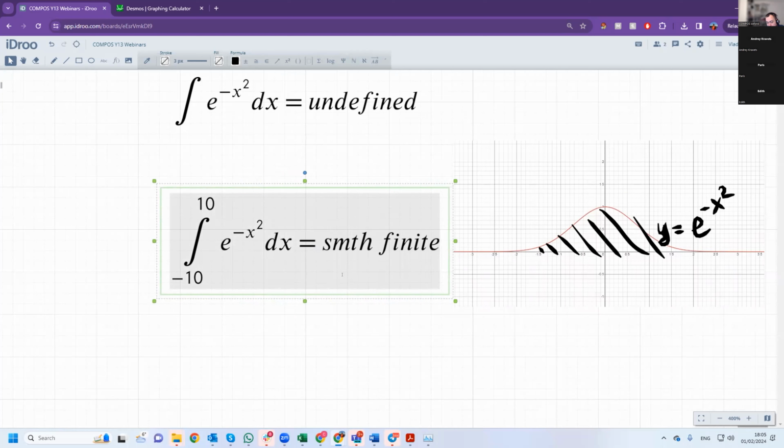Minus 10 to 10, e to the power minus x squared. My calculator is thinking. It's not the fastest calculator in the world.